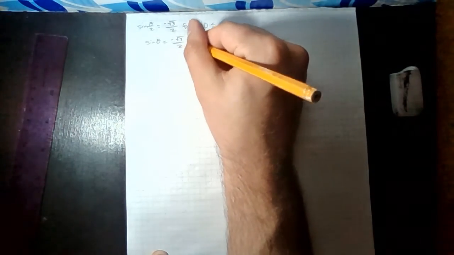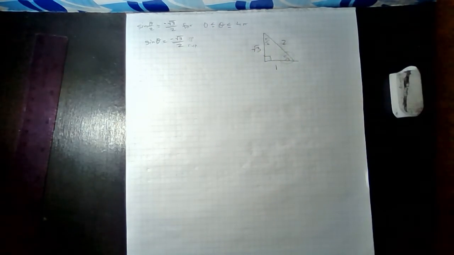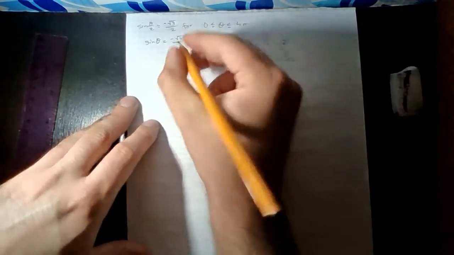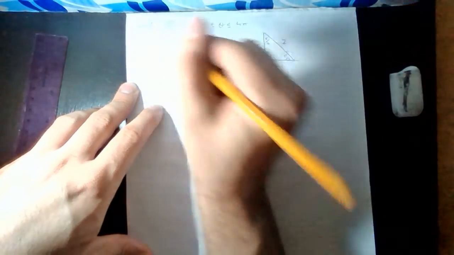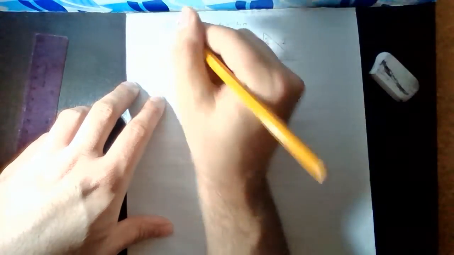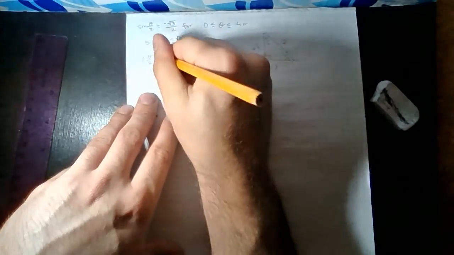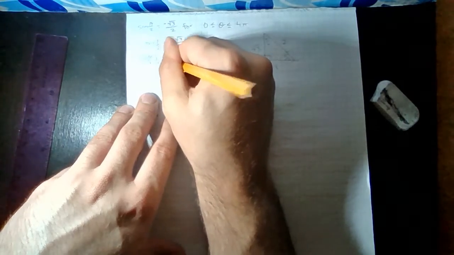Sine of √3 over 2, sine is opposite over hypotenuse, so we're looking at pi over 3. So our related acute angle, theta r, and in this case, because it's sine of theta over 2, the related acute angle of theta over 2 has to equal pi over 3.